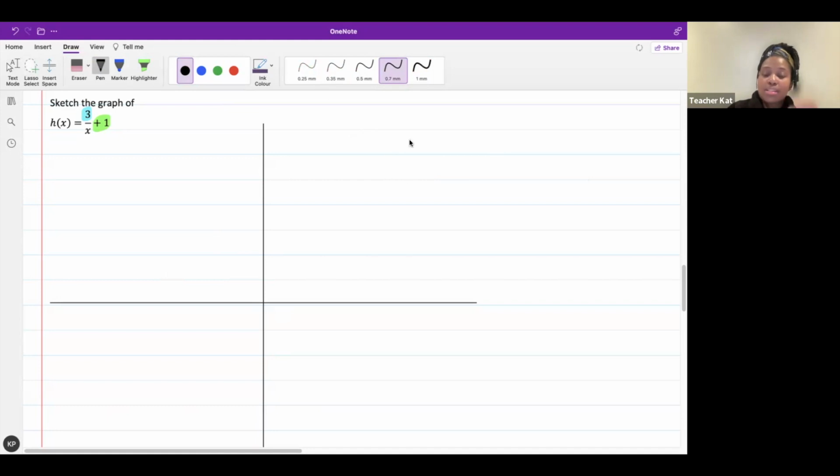Firstly, where is my asymptote? We know that there hasn't been a horizontal shift, so the first one is still x equals 0. But what about the y one? Nice, Abu. And how do you know that? How do you know that your asymptote is positive 1? Because it's the q in my formula.